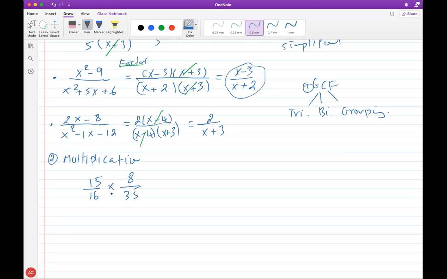If you were to multiply this, first of all, how do you multiply fractions? You go straight across. That's right, that's the rule. You would multiply straight across.